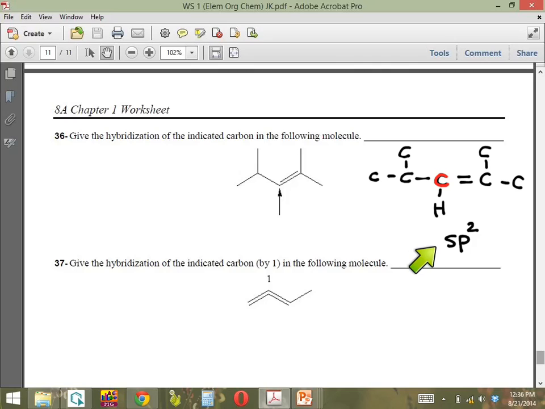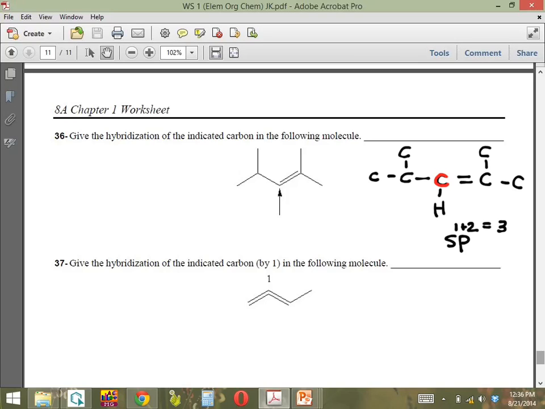When we just write the s, how many s's are we referring to? 1. And the p2 means there's 2 p's. So it would be s1 p2, but we just don't write the ones. 1 plus 2 is 3. When you have sp2 hybrid orbitals, there's 3 of them. They're equivalent. And if you have 3 groups, you have sp2 hybridization.